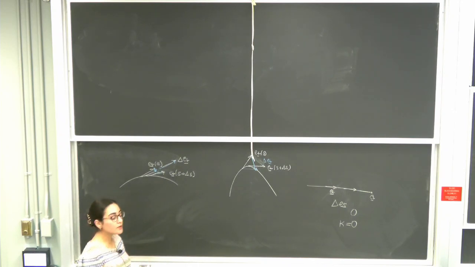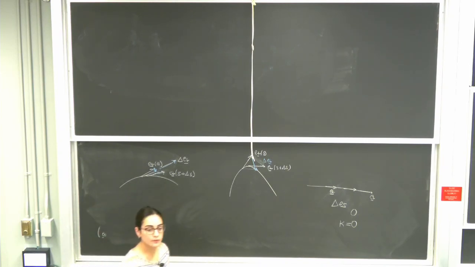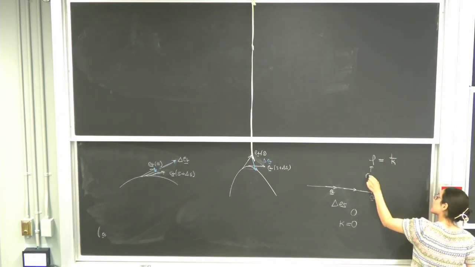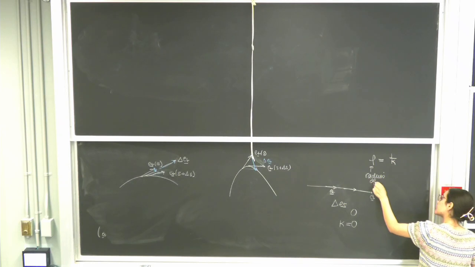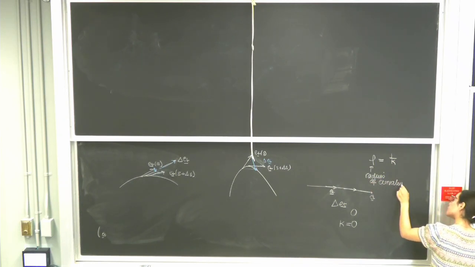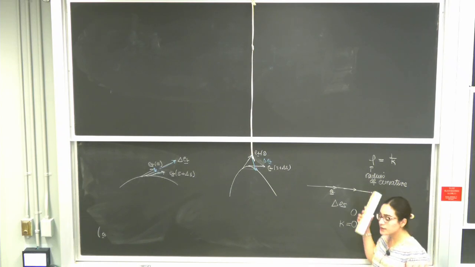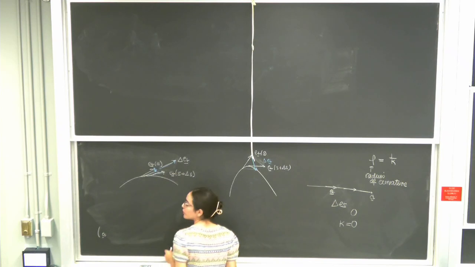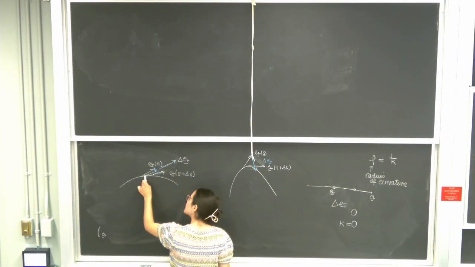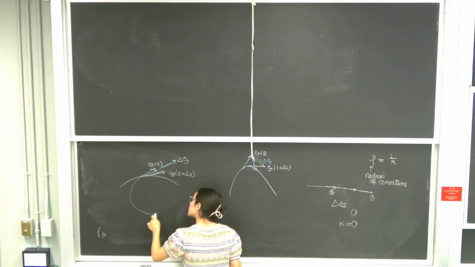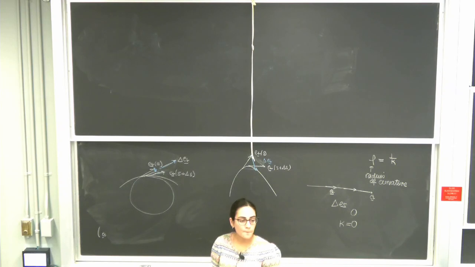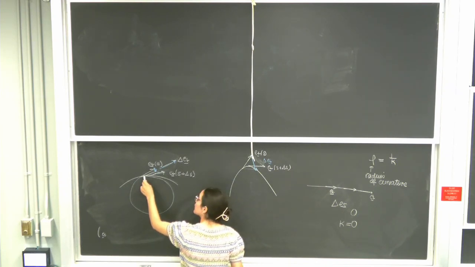We also define, or you might have heard of, the radius of curvature, which is 1 over the curvature. So basically what the radius of curvature says is that if I have any point on a curve, I can look at the point just before it and the point just after it, and I can draw a circle that approximates the curve at that point.